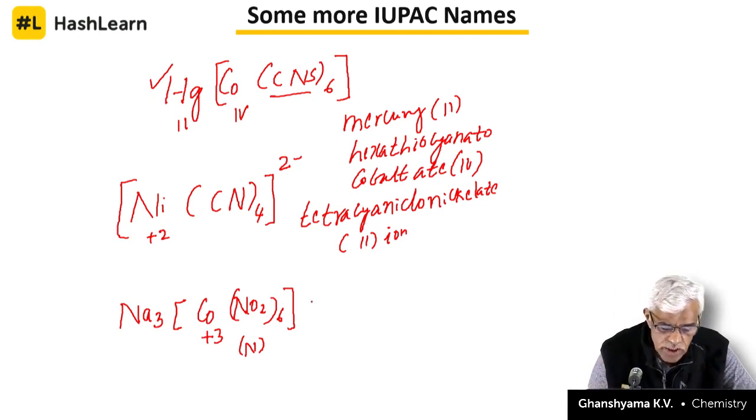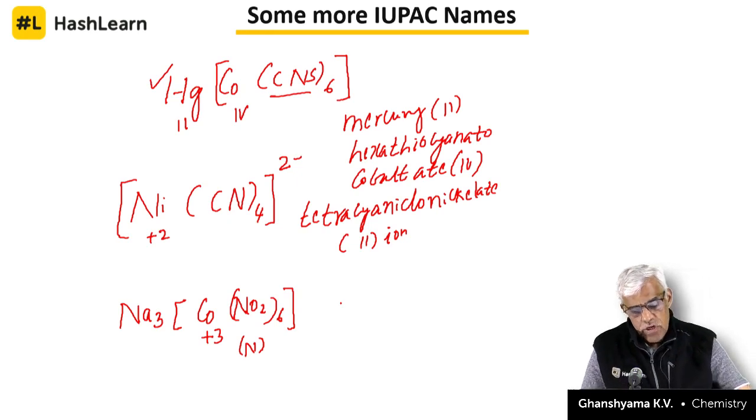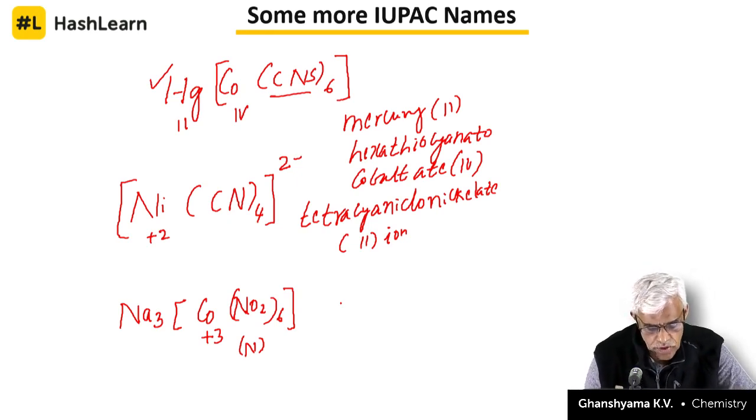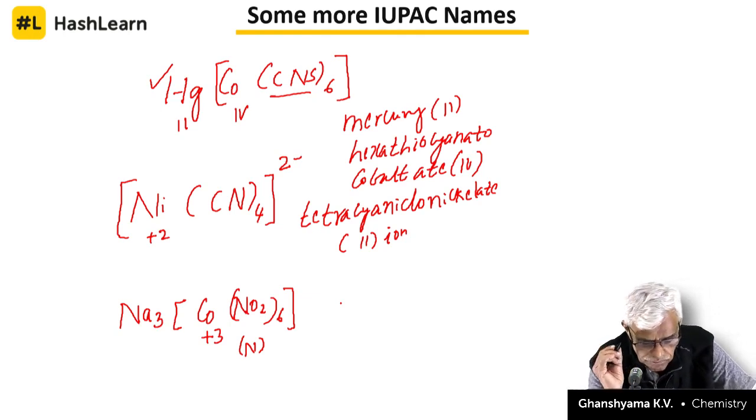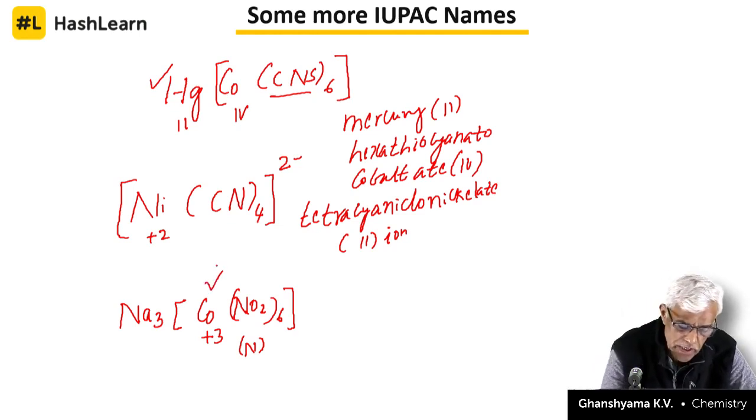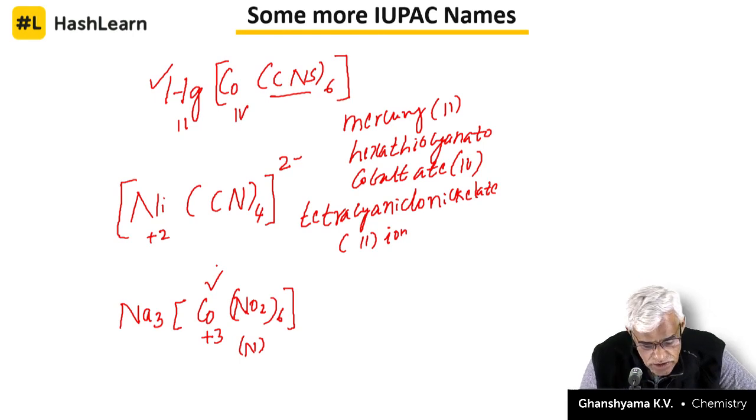Otherwise we write ONO. Sodium hexanitrito N cobalt 3. So that is the name of the compound. I repeat, sodium hexanitrito N cobaltate 3. Cobaltate, anionic complex, cobaltate 3.